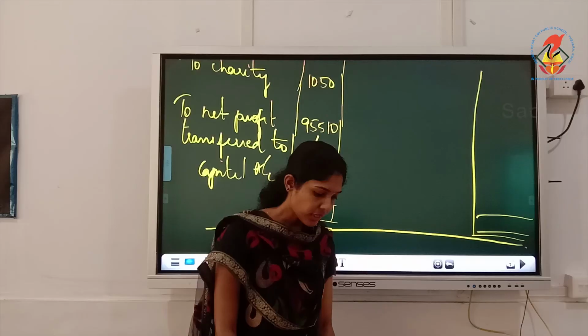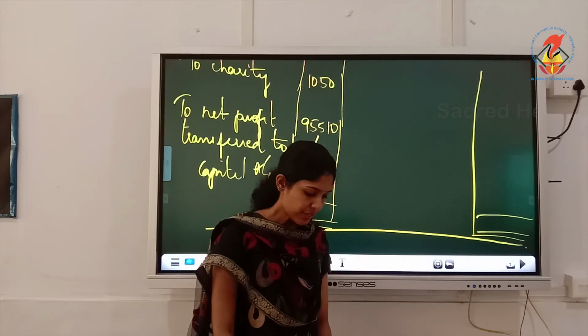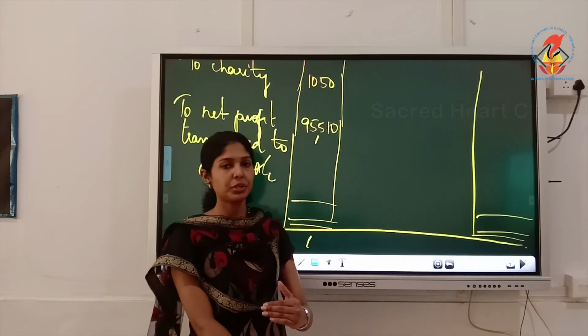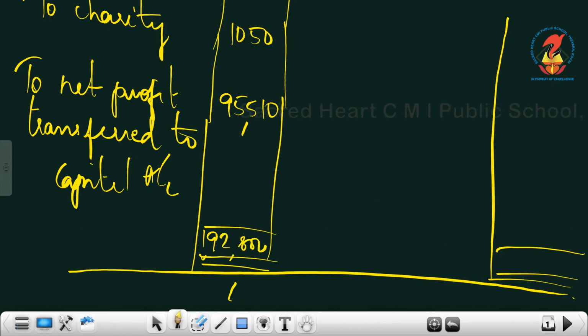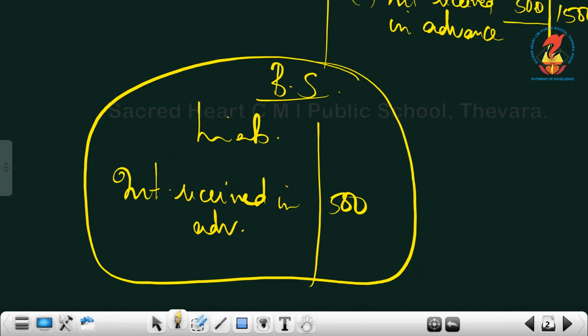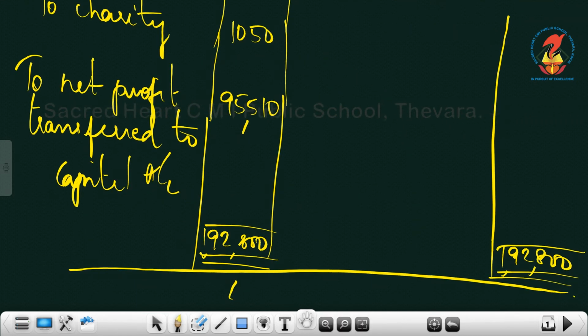Then we'll start the balance sheet. So all these adjustments you will have to consider again in the balance sheet. Here the total is 1,92,800. And now you start the balance sheet format.